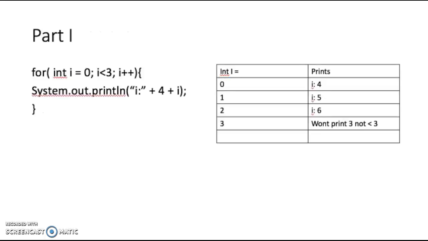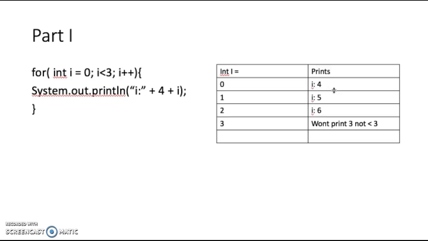Next, for part I, very similar situation to the other examples that we've had in this problem. For integer I is equal to 0, as long as I is less than 3, we will print out the system.out.print statement, and then we will increment by 1. So for the first one, we run 0 through the loop, and we get I colon 4 plus I, so 4 plus 0 would be 4.